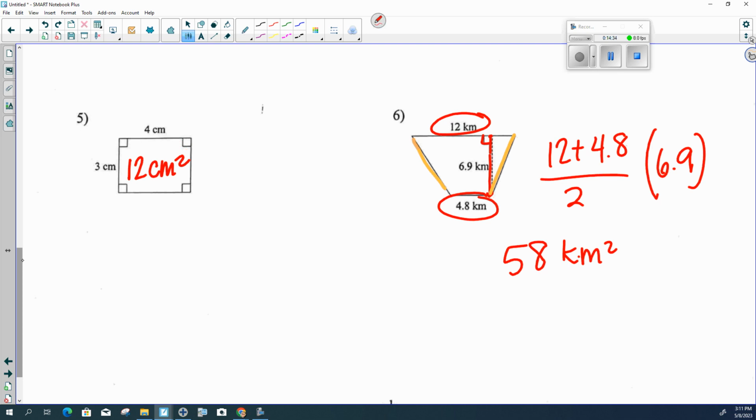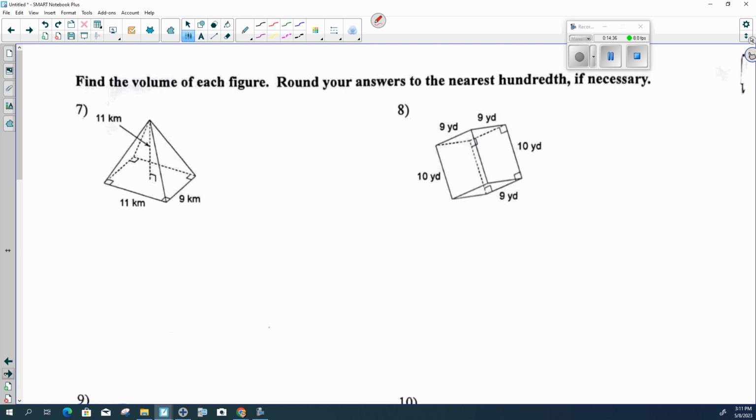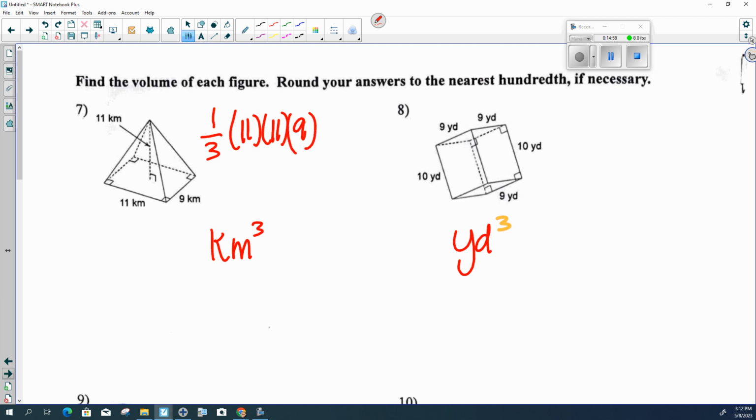Okay, one more side. Volume. Volume is 3 dimensions. So when I'm done, this should be kilometers cubed. This should be yards cubed. All right, what is this? Well, it's a rectangular pyramid. Any pyramids will take that 1/3 length, width, height.